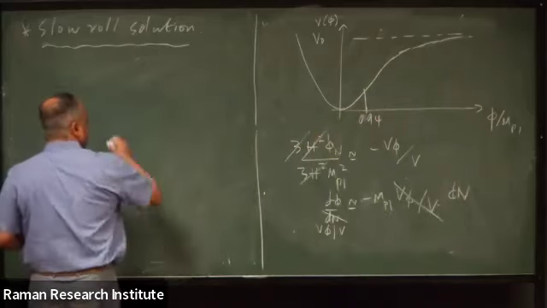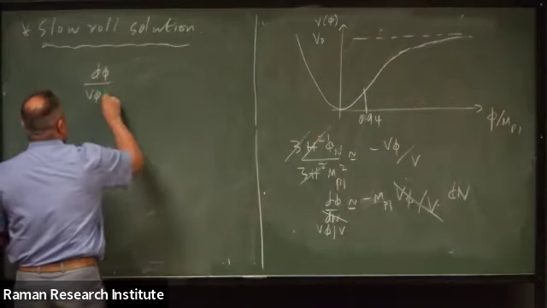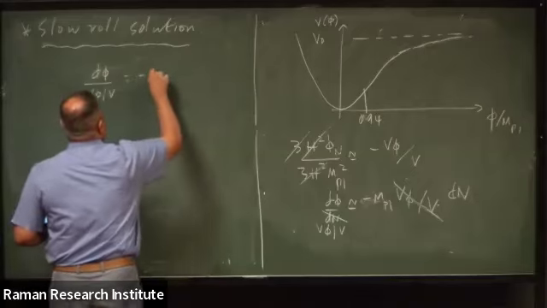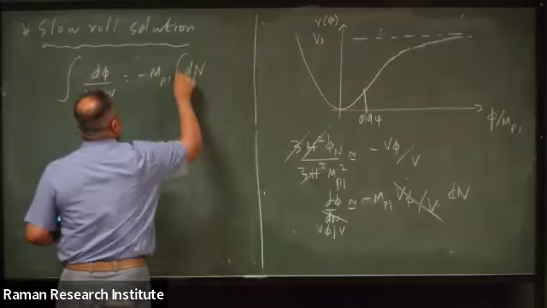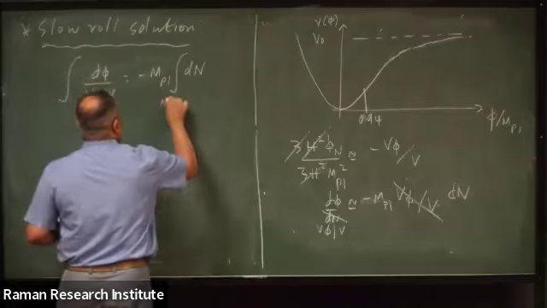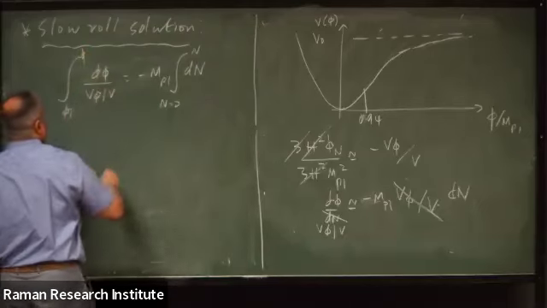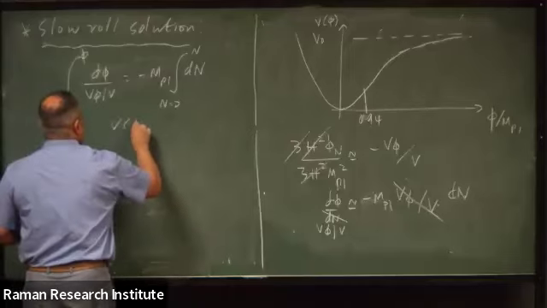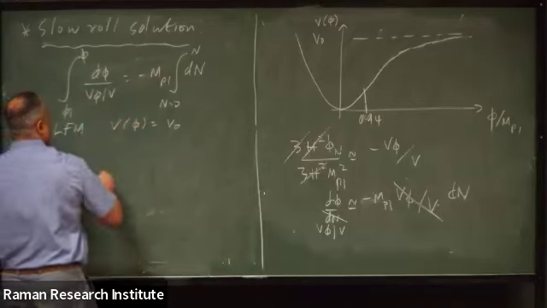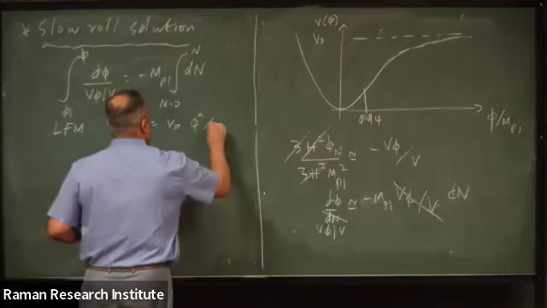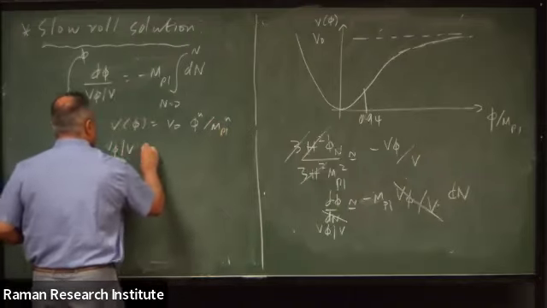So what do I have? I have d phi by V phi by V equal to minus MPL times dN. I can integrate this from N equal to 0 to N, and from phi I to phi. Okay, now my V of phi, as we saw, is some V naught, large field model, right? V naught phi power n by MPL power n. So V phi by V is what?